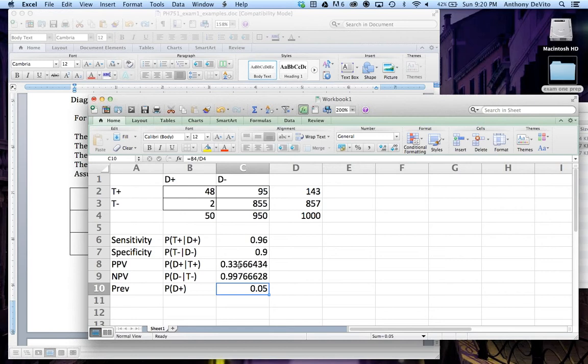You have more people that don't have the disease that are being tested that wind up as false positives, which pushes the number of positives up without increasing the number of people that are correctly diagnosed. So as the prevalence goes down, the positive predictive value of the test also goes down.